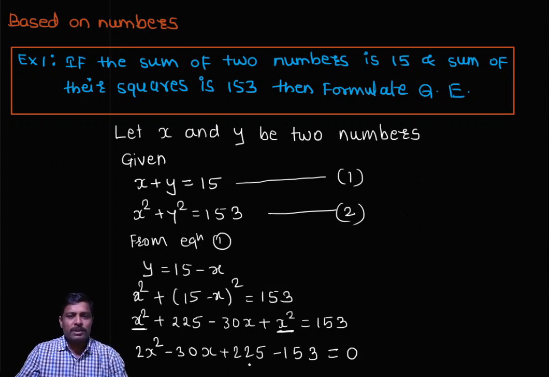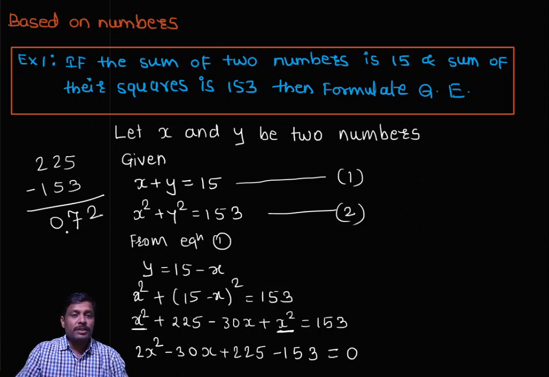Now the only thing is to subtract 153 from 225, you will get a single constant number, and automatically this expression will be in standard form. Now I am doing subtraction of these two numbers here, and the answer of this subtraction is 72. Now I am putting this constant here, and I'll get a simple and standard form of the required quadratic equation in x. This is the required quadratic equation in x.